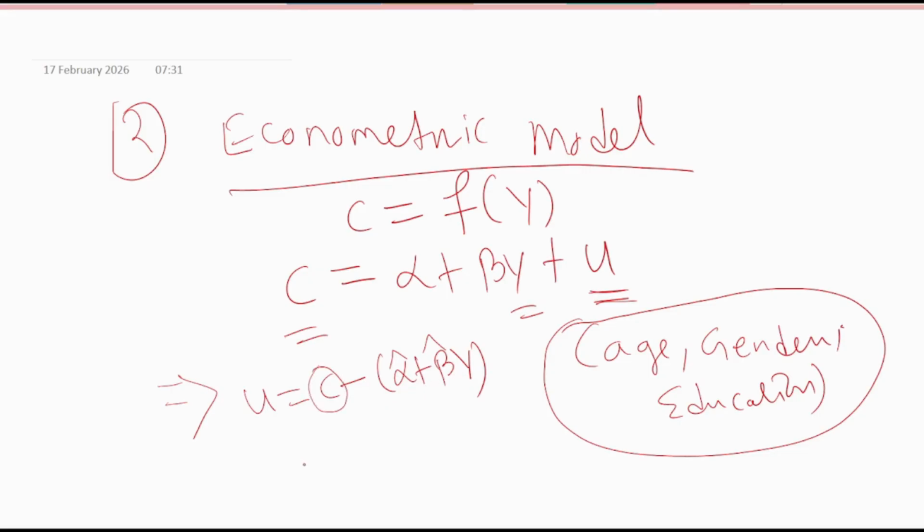If the person's income increases from 0 to 1000, how much will be his consumption? Suppose his consumption is increasing from 100 to 200, and it is the actual consumption.